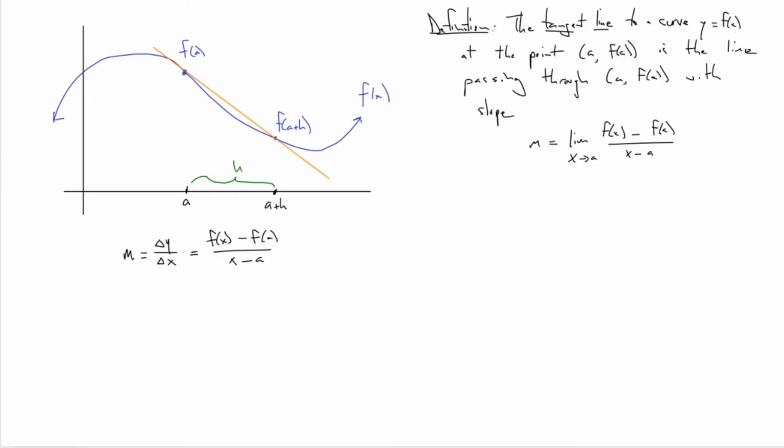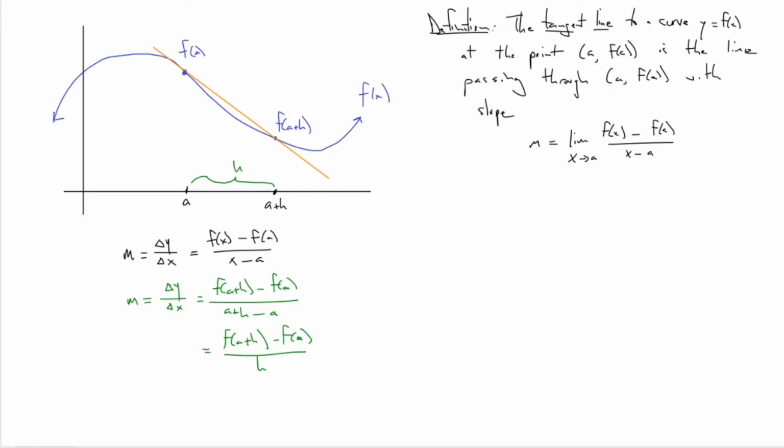And we can again consider the secant line between these two points on the curve. And the slope of that secant line is, once again, the change in y over the change in x, which in this case is f of a plus h minus f of a, all over the change in x, which is a plus h minus a.